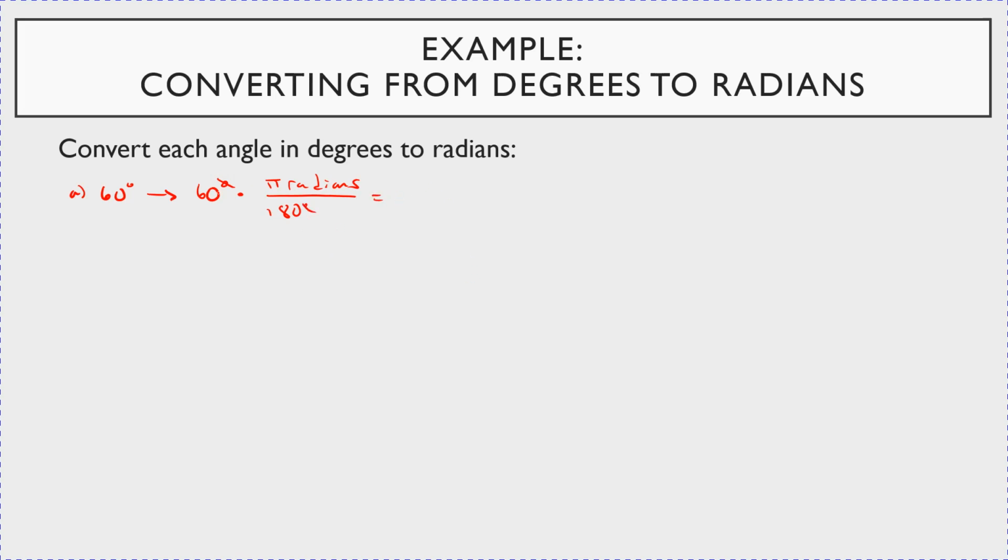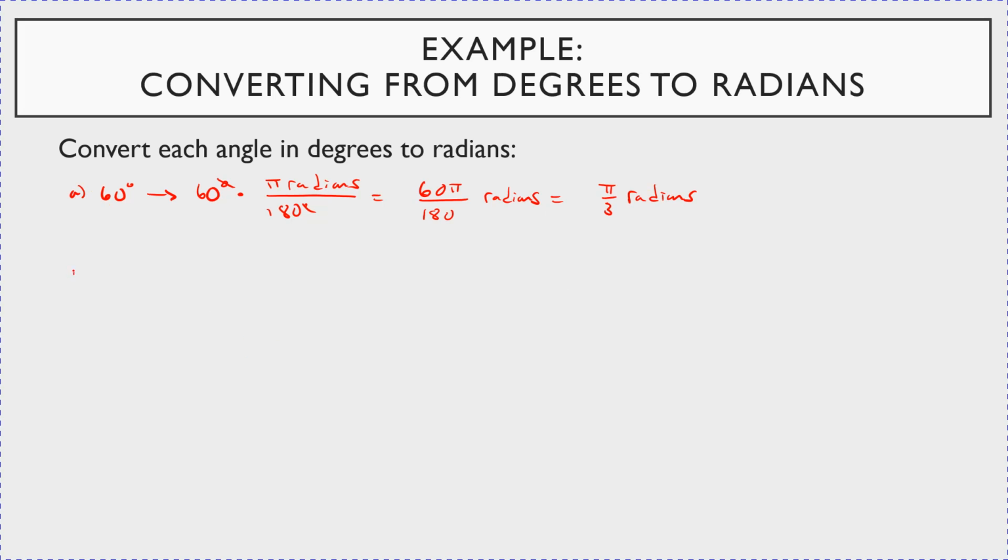So then you're just left with 60 pi divided by 180, and the unit of measure here is now radians. Well, what does 60 divided by 180 become? That just becomes 1/3. So this is just pi over 3 radians. So a 60-degree angle is equivalently written as pi over 3 radians.